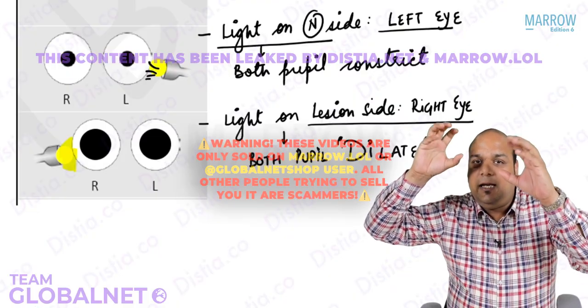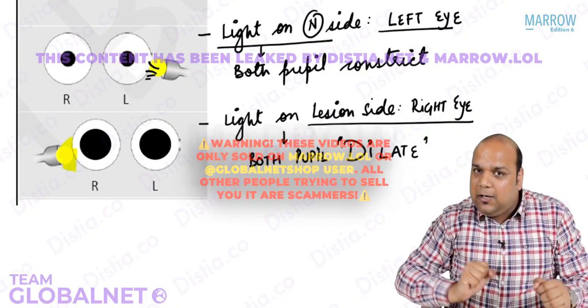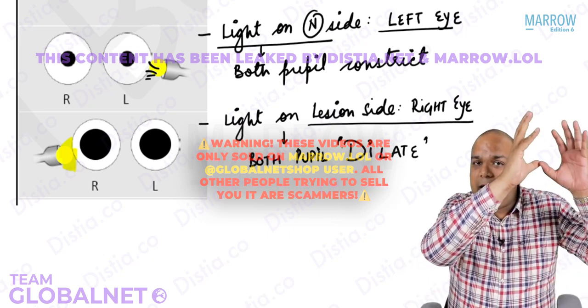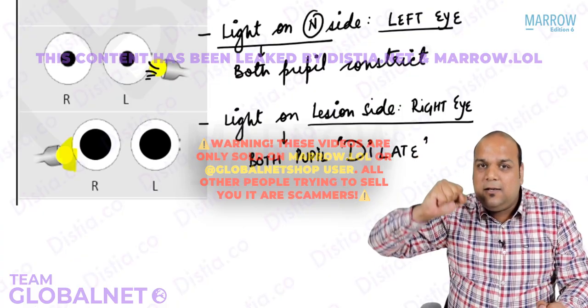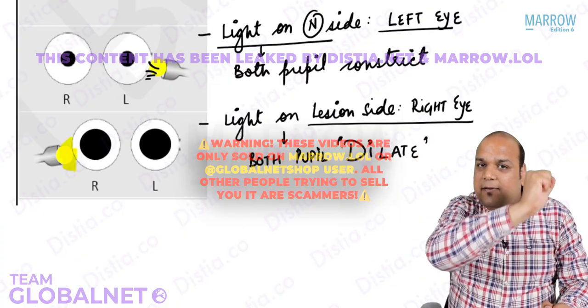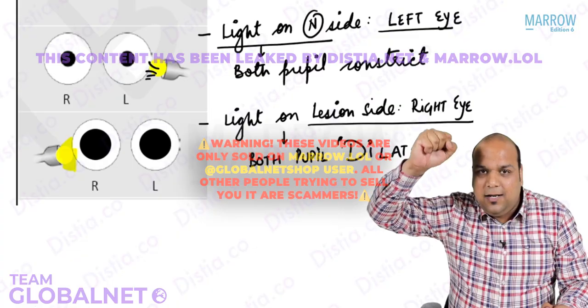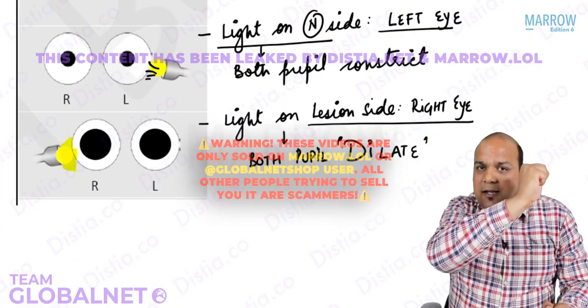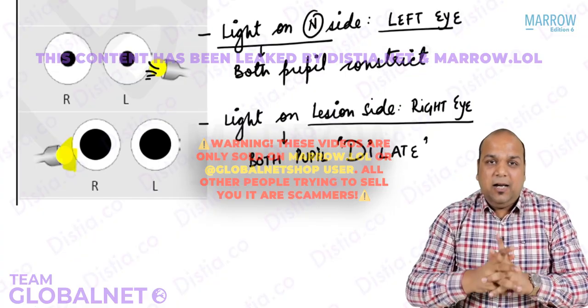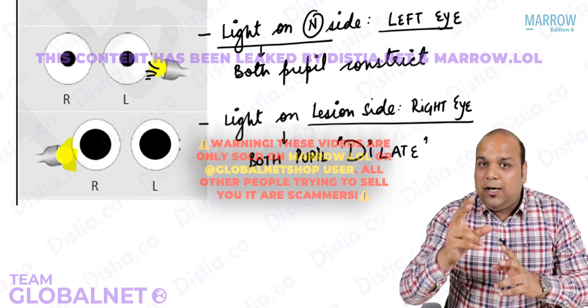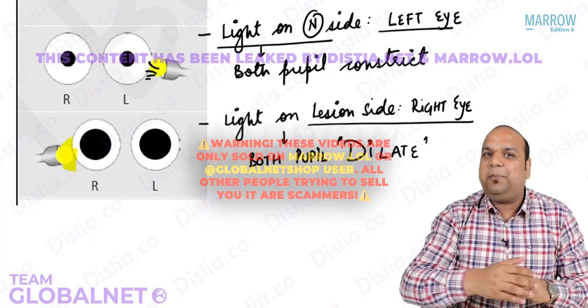Both pupils again constrict. Again go back to the right eye. Both pupils again constrict. We keep doing this 5 or 6 times. Why are we doing this swinging? We are doing this swinging in order to fatigue the right optic nerve.